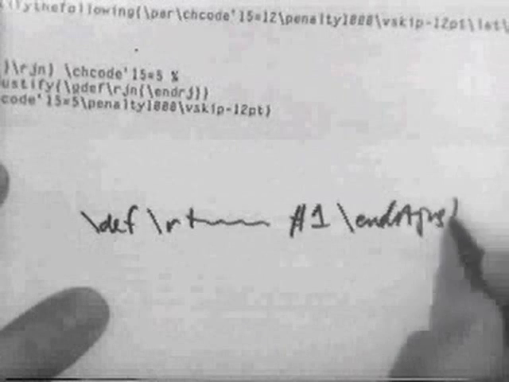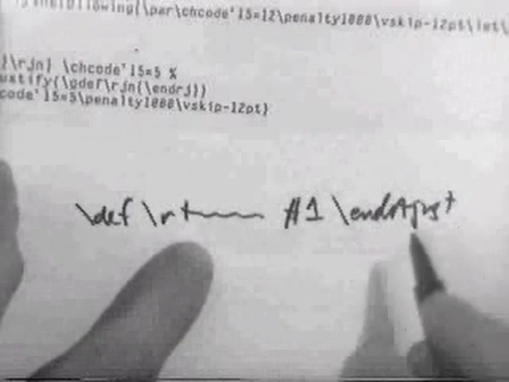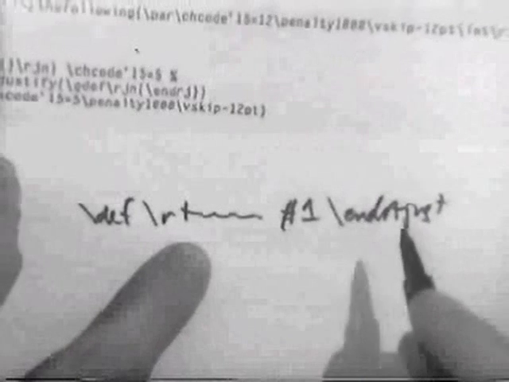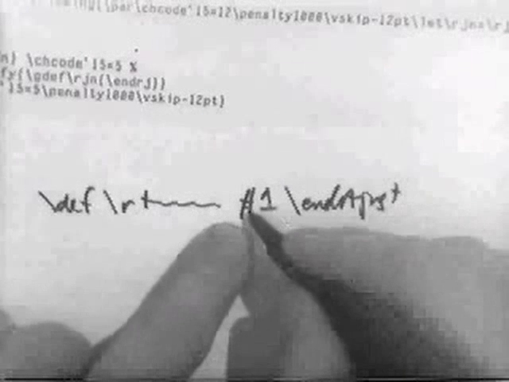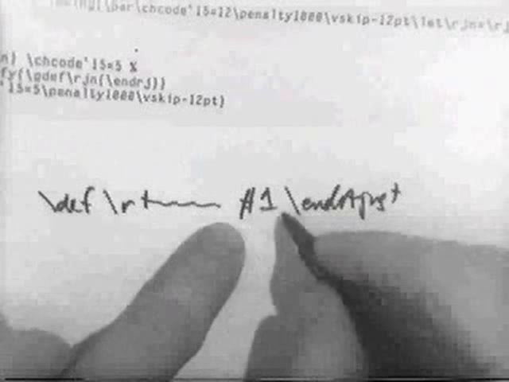Okay, something like that. Now, there's at least, the first problem with that is that you wouldn't dare do this definition, because then number one would be scanned, ignoring carriage returns. So you have to have a way of changing the code of carriage return before scanning number one.